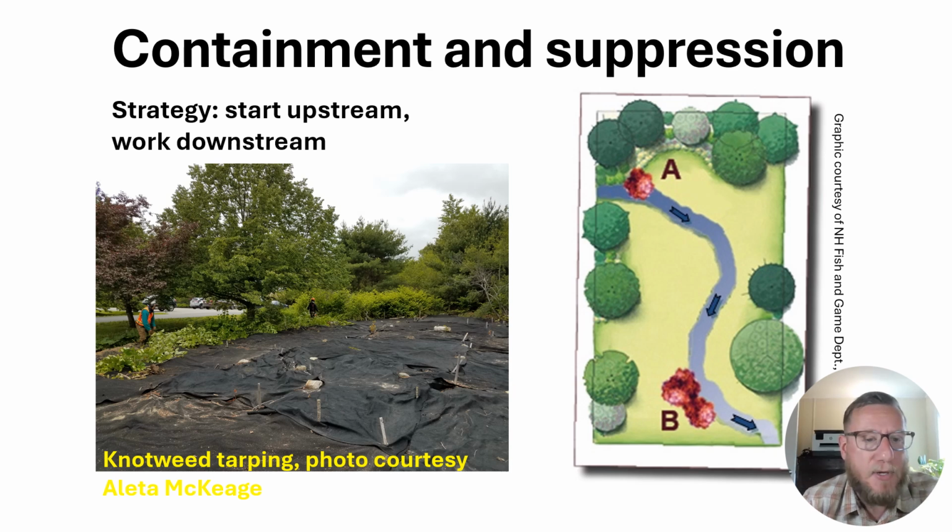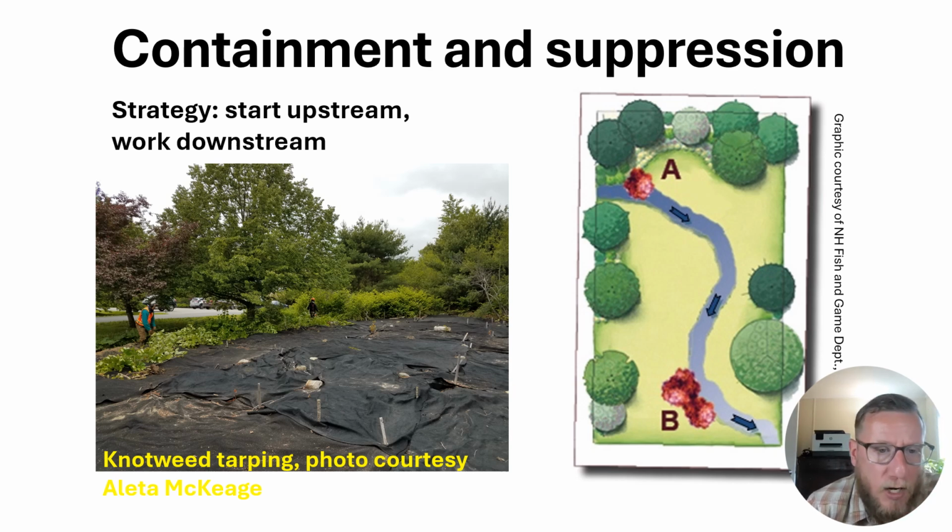And while we're on the topic of monitoring, on the left here, we also see some knotweed tarping. So this is some solarization, some tarping of some Japanese knotweed. So using some black geotextile or a plastic film, at least 7 mil thick, and leaving that covered for multiple years.